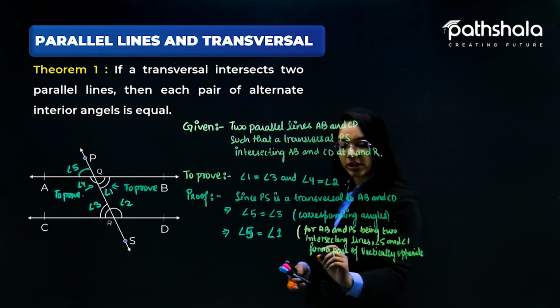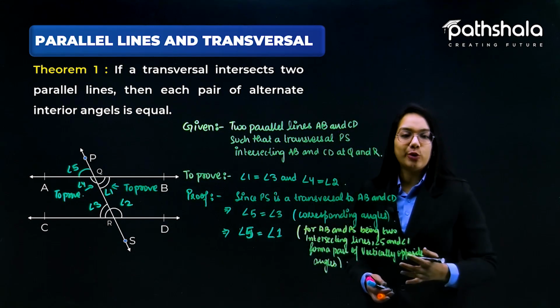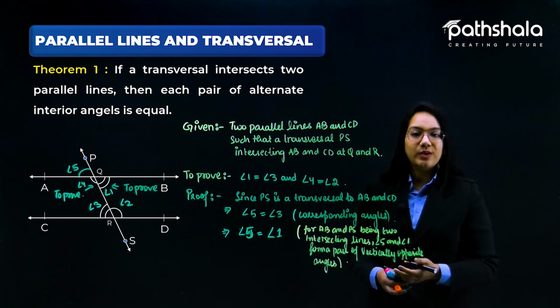And since they are vertically opposite angles, they must be equal to each other, because we know that vertically opposite angles are equal.